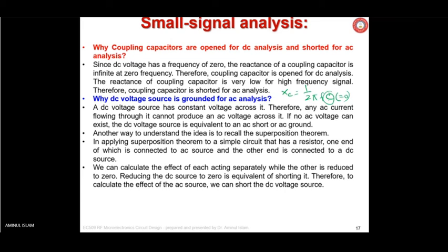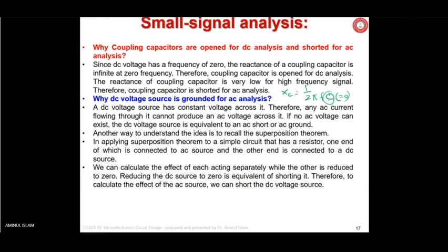Okay. Regarding the second question, why is the DC voltage source grounded for AC analysis? Is it clear? See, a DC voltage source has constant voltage across it. Therefore, any AC current through it cannot produce an AC voltage across it.